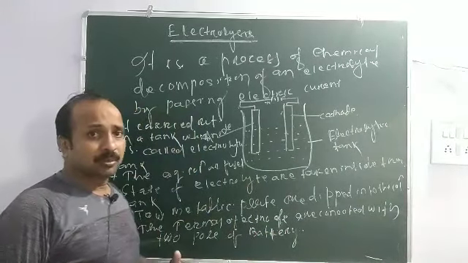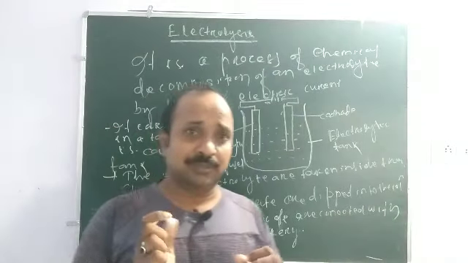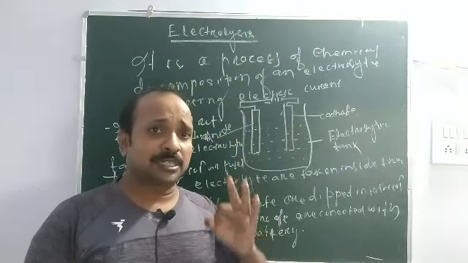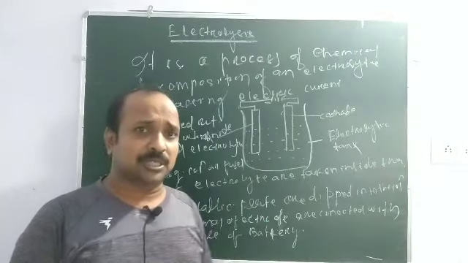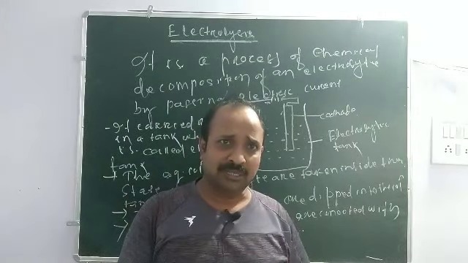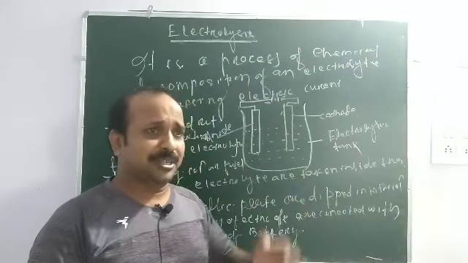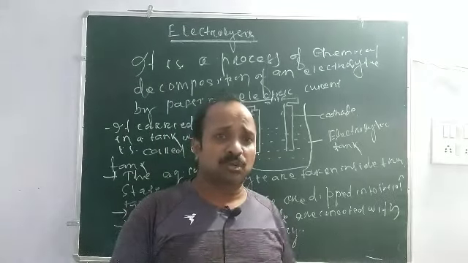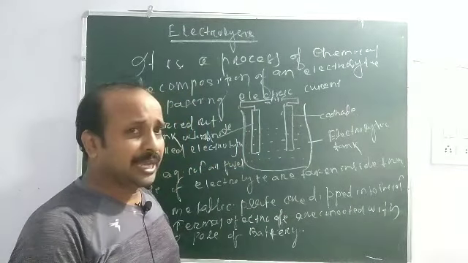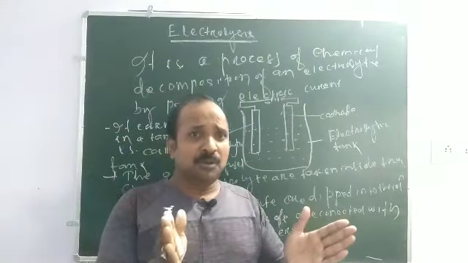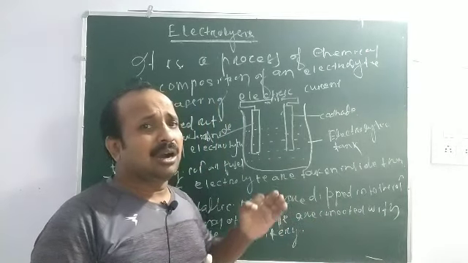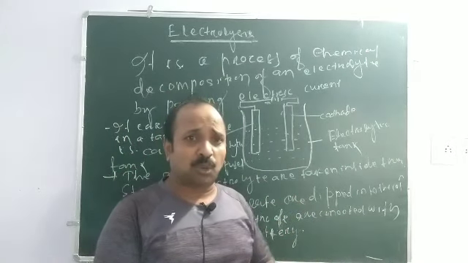Electrolysis means the process of chemical decomposition of an electrolyte in ionic form, in aqueous solution or in fused state. It means the separation of two ions from the electrolyte.